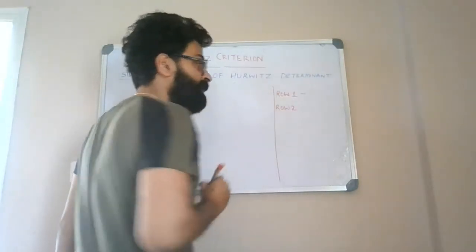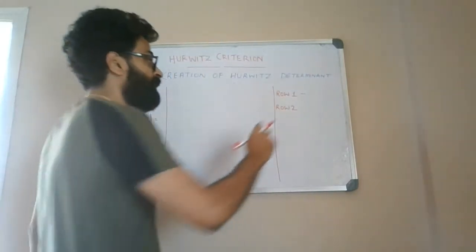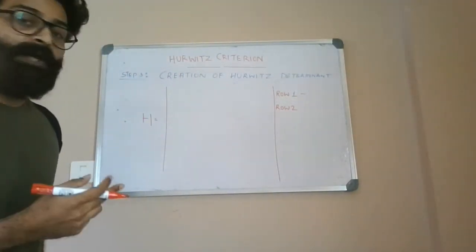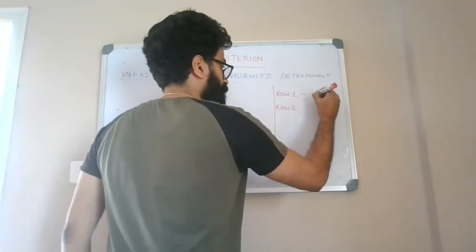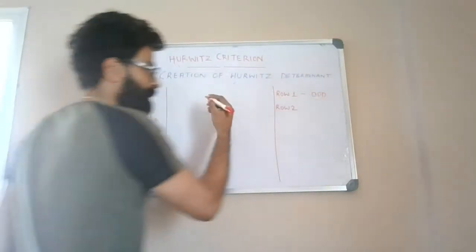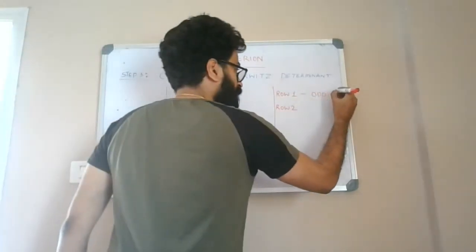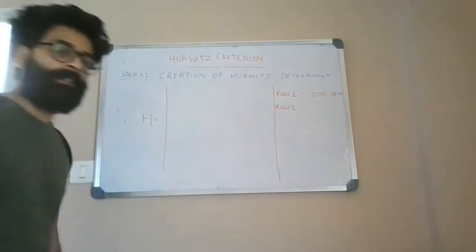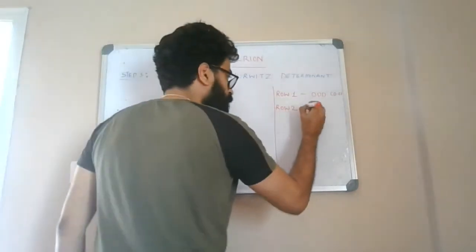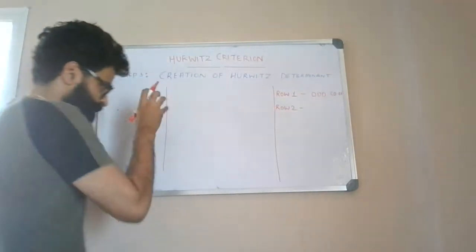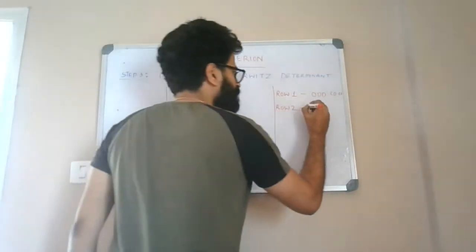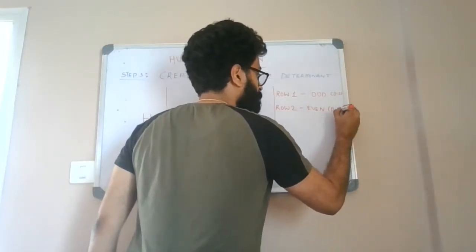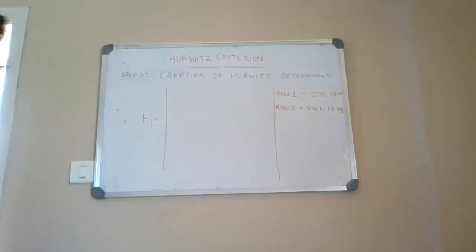Row 1 is constructed by writing down the odd coefficients, and row 2 is constructed by putting the even coefficients of f of s.